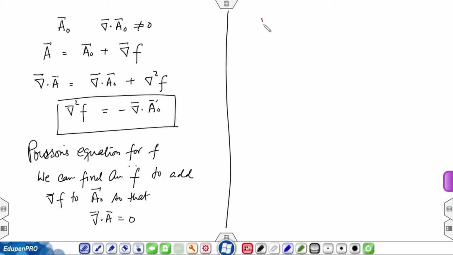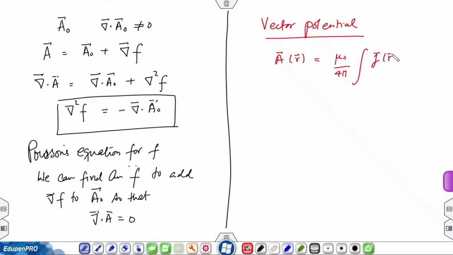So, on this topic of vector potential, what we have is A of r is equal to mu naught over 4 pi integration j of r prime over |r minus r prime| d v prime.